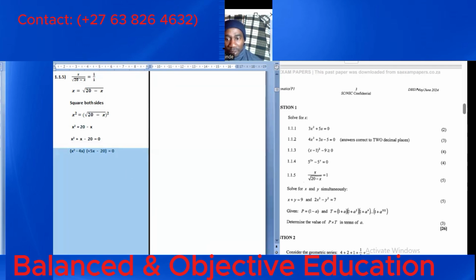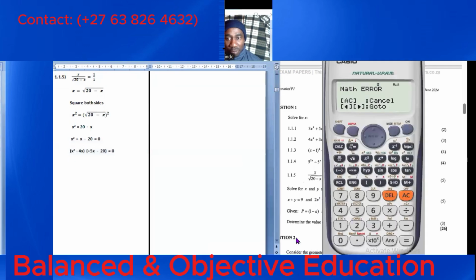All right, nobody compels you to factorize. So you can use your quadratic formula and let's punch in the values. So this will be minus 1 plus, we do plus first, plus the square root of 1 squared.